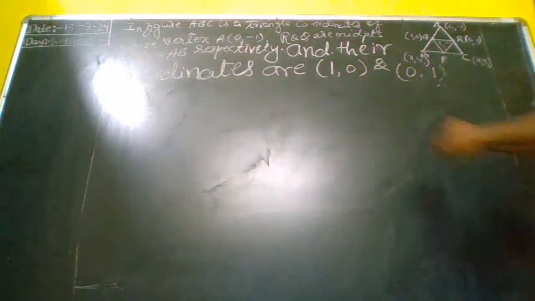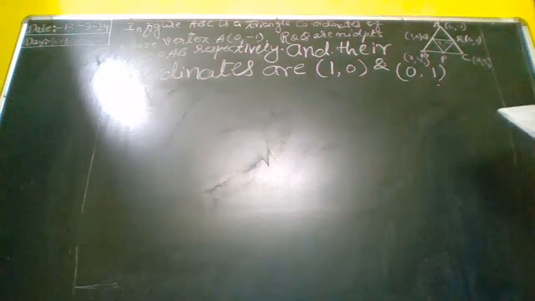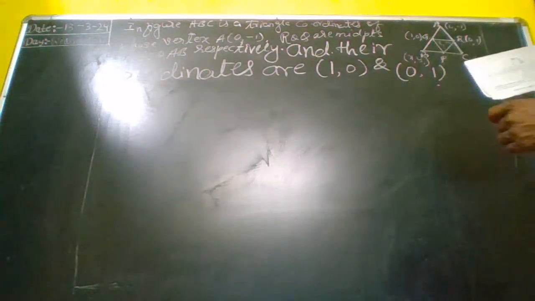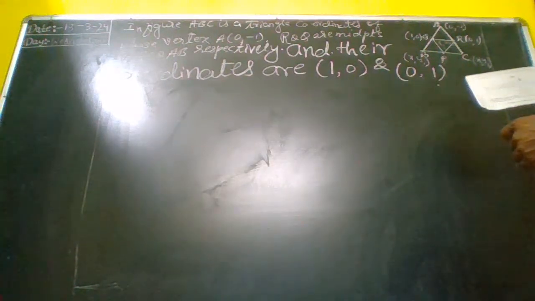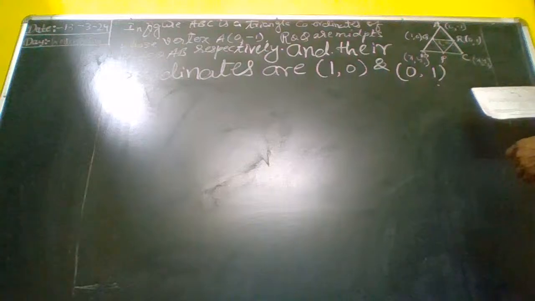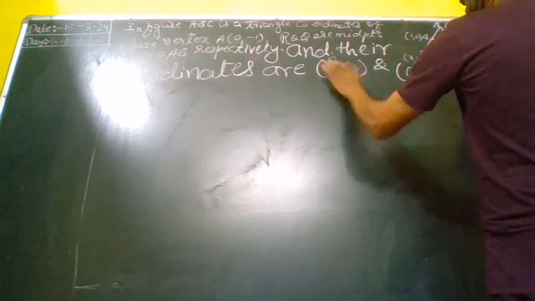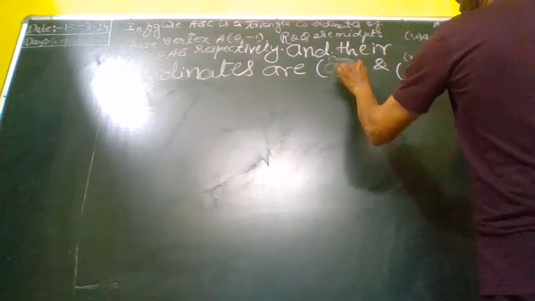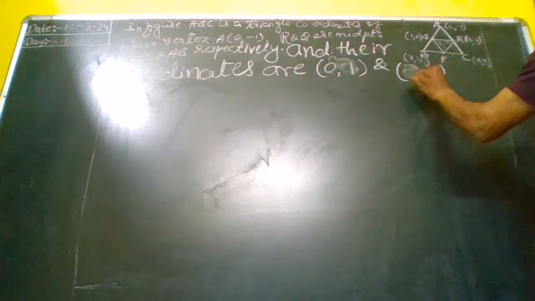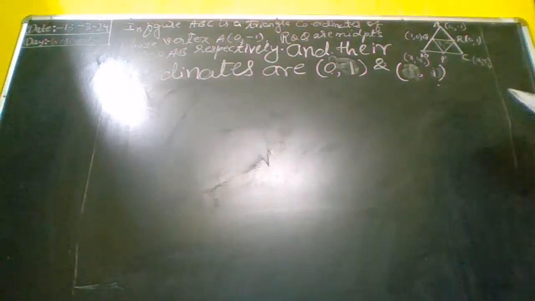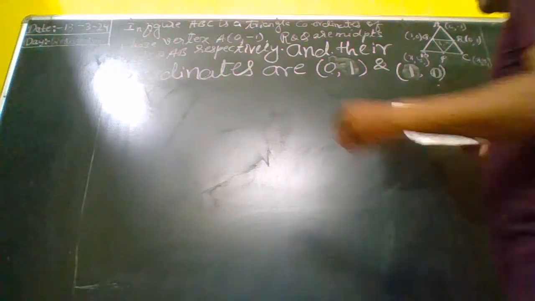See, the coordinates of Q are (1, 0). The coordinates of R are (0, 1), and for Q it is (1, 0), respectively.